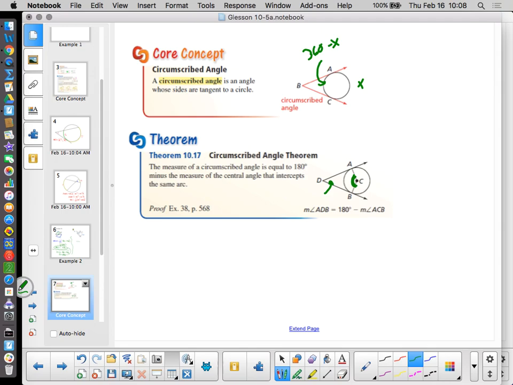So we know that the measure of ACB is the same as the measure of arc AB because it's a central angle. And we get this little theorem. It's a shortcut. You really don't have to know it very often. You can usually figure it out without memorizing the theorem.